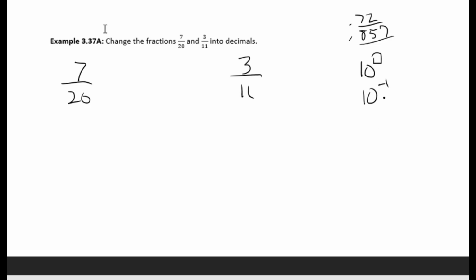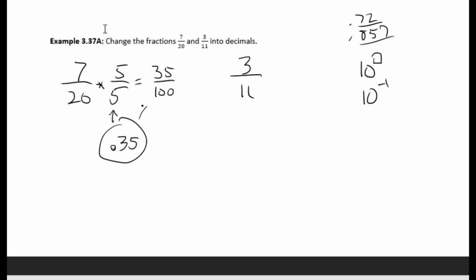They all have powers of 10 as the denominator. So 20 is an easy one because I know that 20 times 5 is 100. So I can multiply 7 over 20 by this form of 1 and get 35 over 100. 35 over 100 you can simply write as 0.35, right? Hopefully you can make that connection.